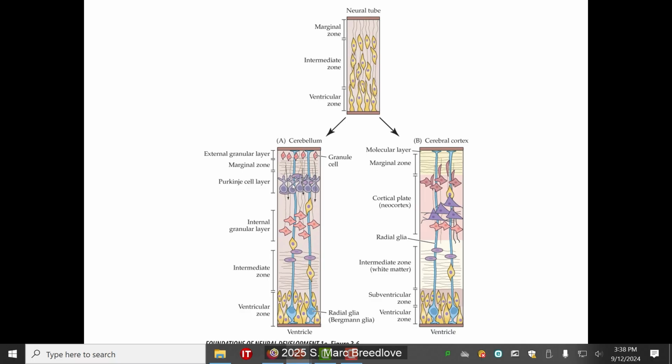So in the end, they are found only on the outer layer of the cerebellum, the cerebellar cortex. And you can think of a Purkinje cell as being shaped like a hand with the fingers splayed out, where the palm of the hand is the cell body, and the arm beneath it is its axon. And those fingers that are splayed out, those are these huge dendrites that they have.